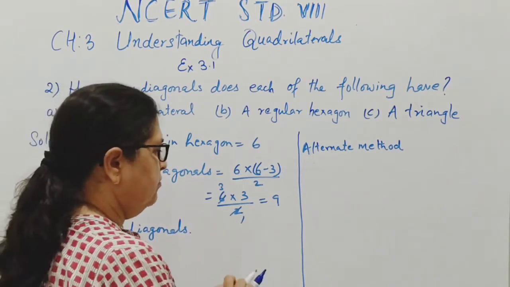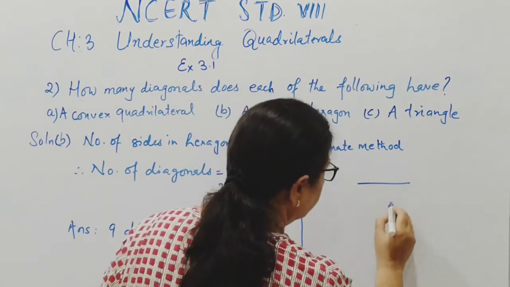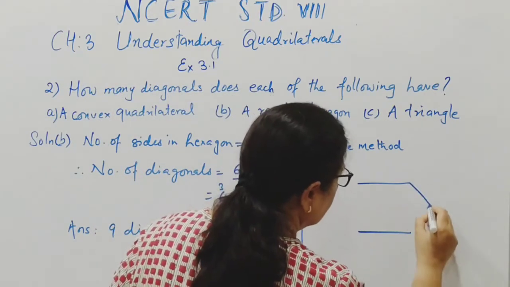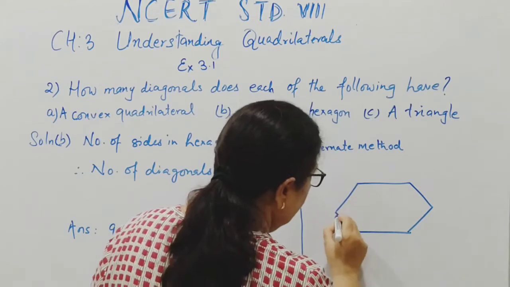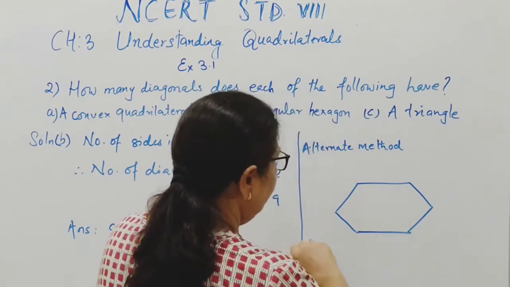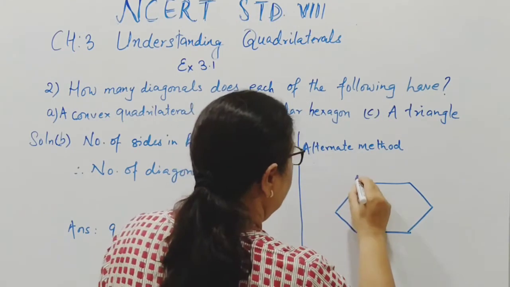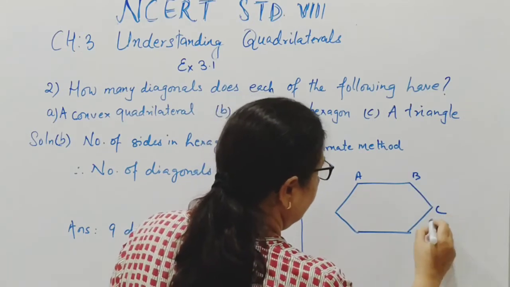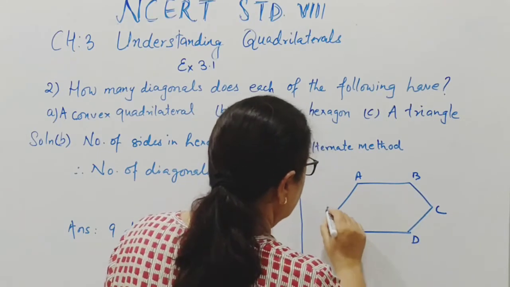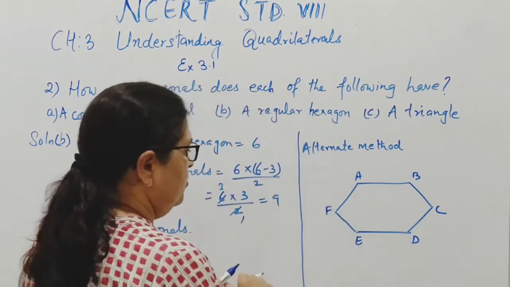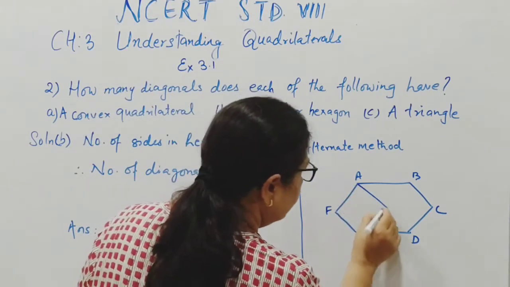Now we will check by drawing. Here ABCDEF is a regular hexagon. We'll draw the diagonals.